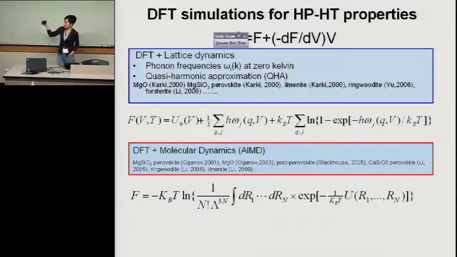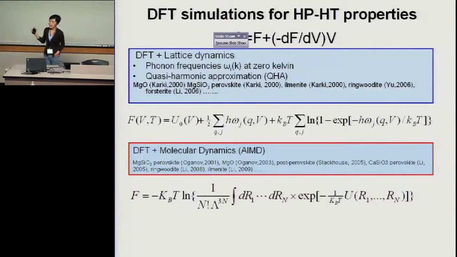In the first method, you calculate the phonon density of states at 0 Kelvin, then use the quasi-harmonic approximation to derive the thermal properties. I consider it a very high precision calculation, but the assumption of the quasi-harmonic approximation has been discussed in Renata's papers, so see the details in those papers.